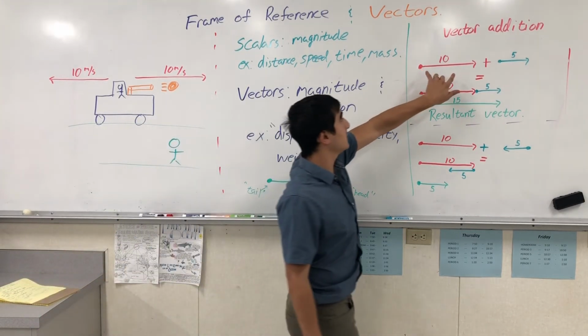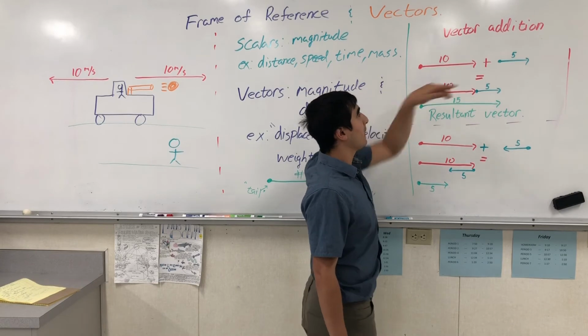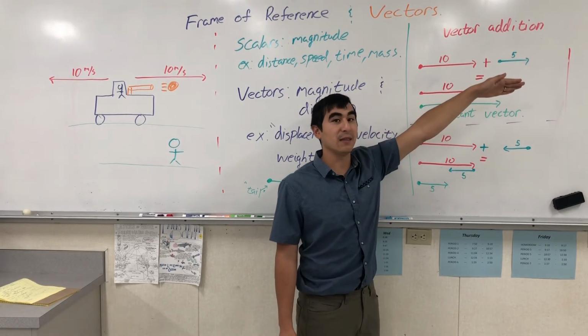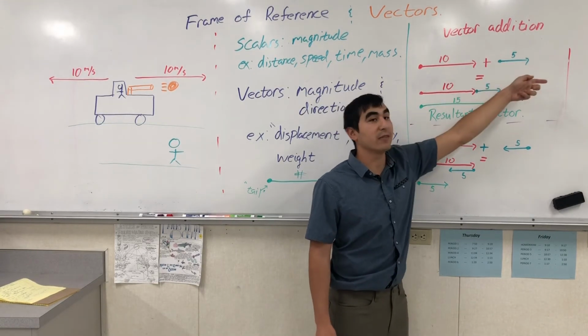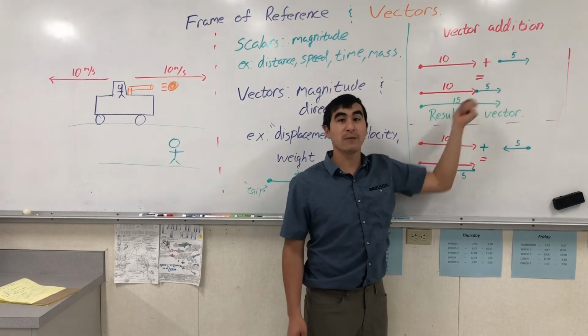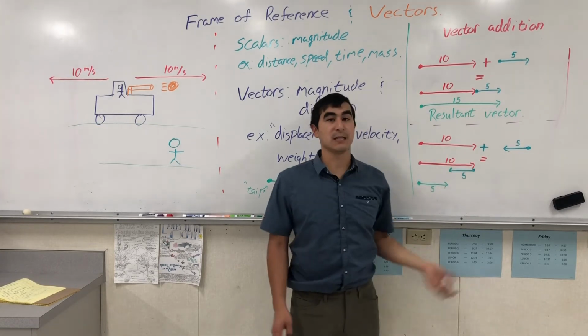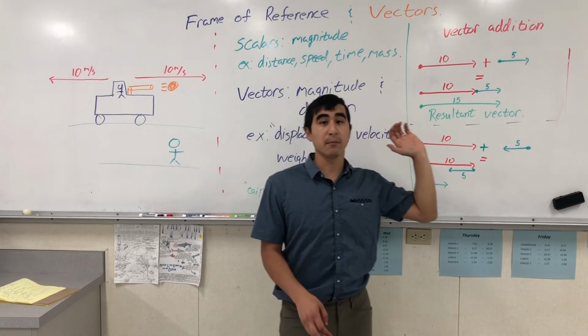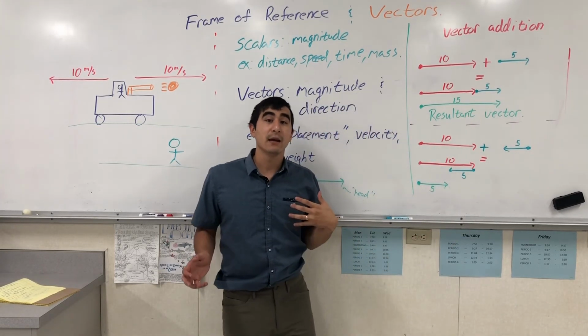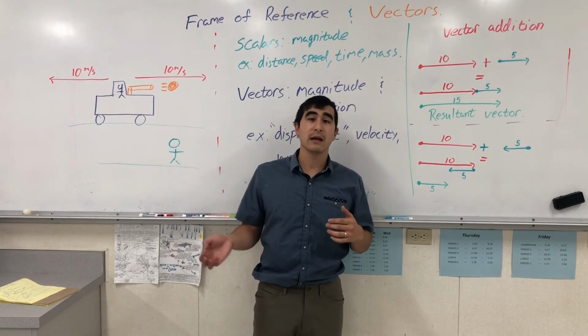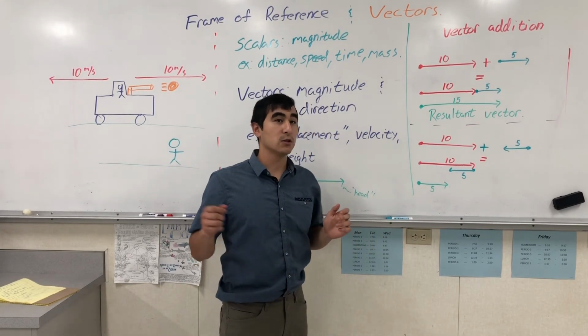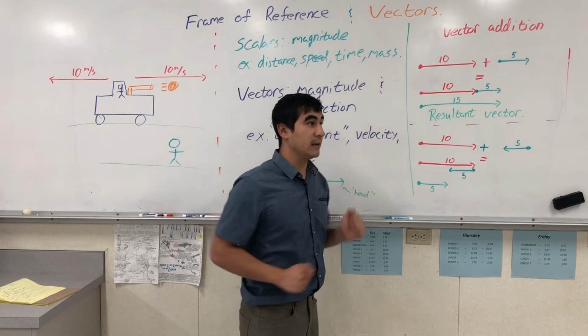So in this case, let's say I have a vector that is 10 in that direction and a vector that's 5 in that direction. If you add those two vectors together, you're going to get a resulting vector of 15. Now these are just arbitrary numbers, but if we think about a scenario, let's say I was running down the street, right?